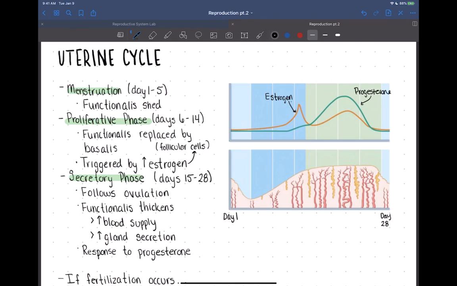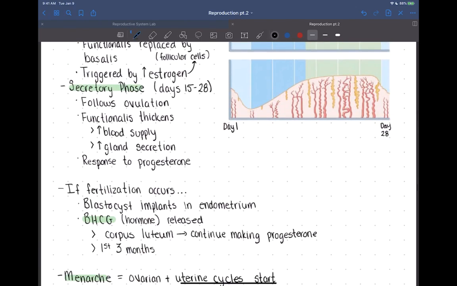All right, so the proliferative phase, and then we have the secretory phase. With the secretory phase, this is going to be from day 15 to 28, so that's after ovulation. After ovulation, that functionalis is going to start to thicken and it's going to increase its blood supply. So we can see in the picture we have a bunch of blood vessels.